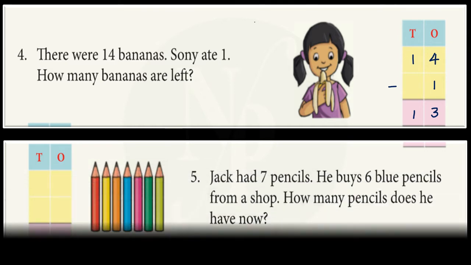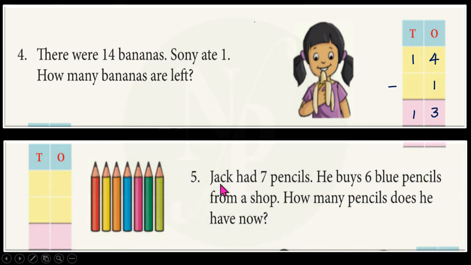Next, question number 5. Jack had 7 pencils. He buys 6 blue pencils from a shop. How many pencils does he have now? So initially, Jack had 7 pencils. You can see here, he has 1, 2, 3, 4, 5, 6, 7 pencils.